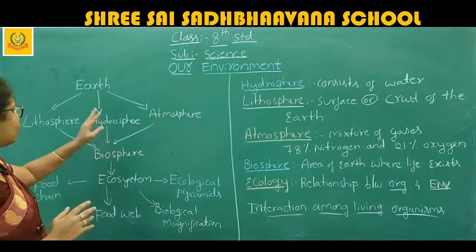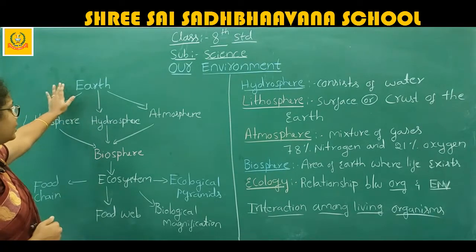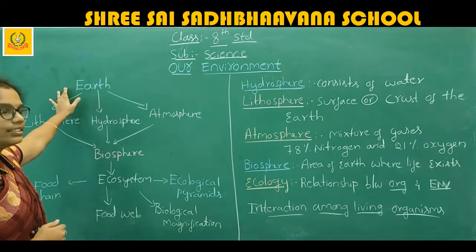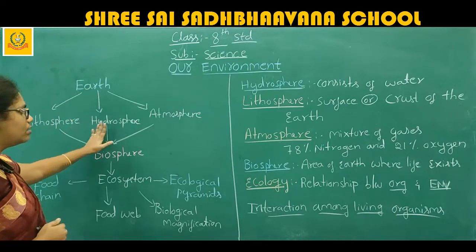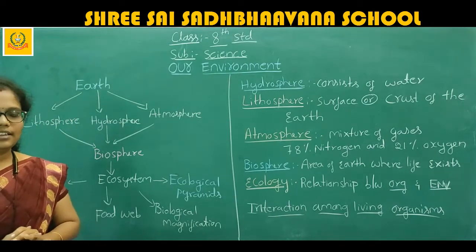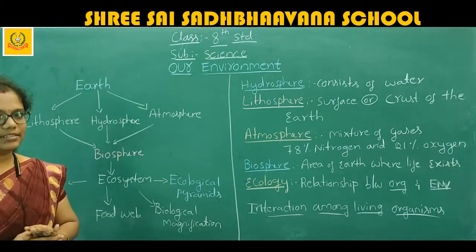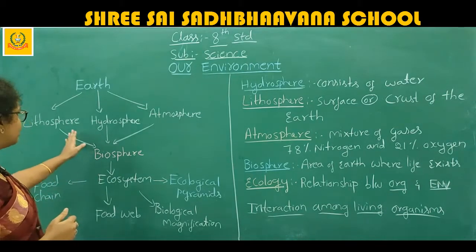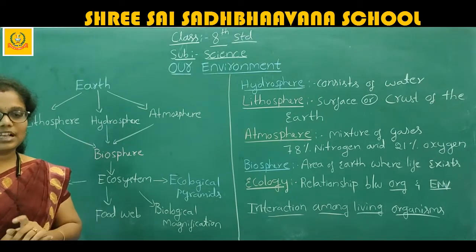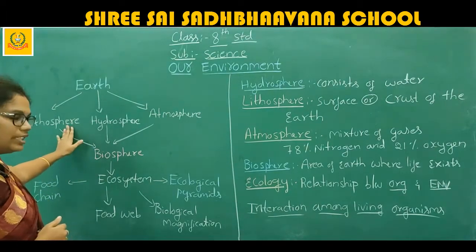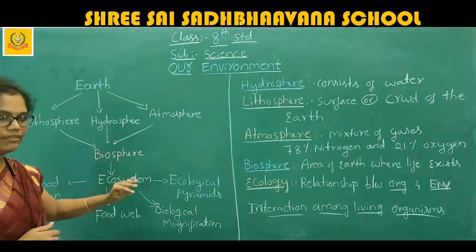The environment is divided into three spheres. What are the three important spheres? The first one is the lithosphere. We will discuss them one by one.